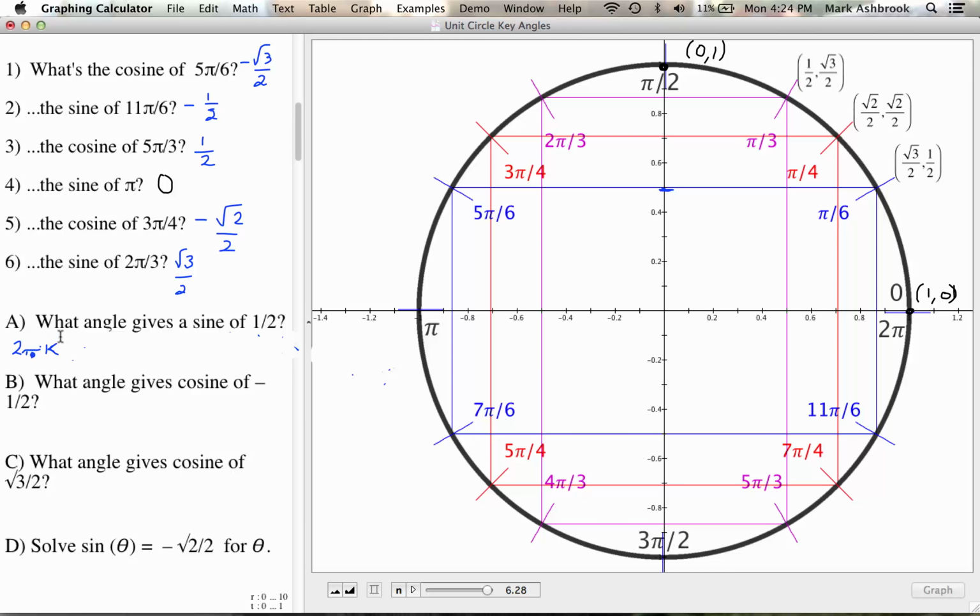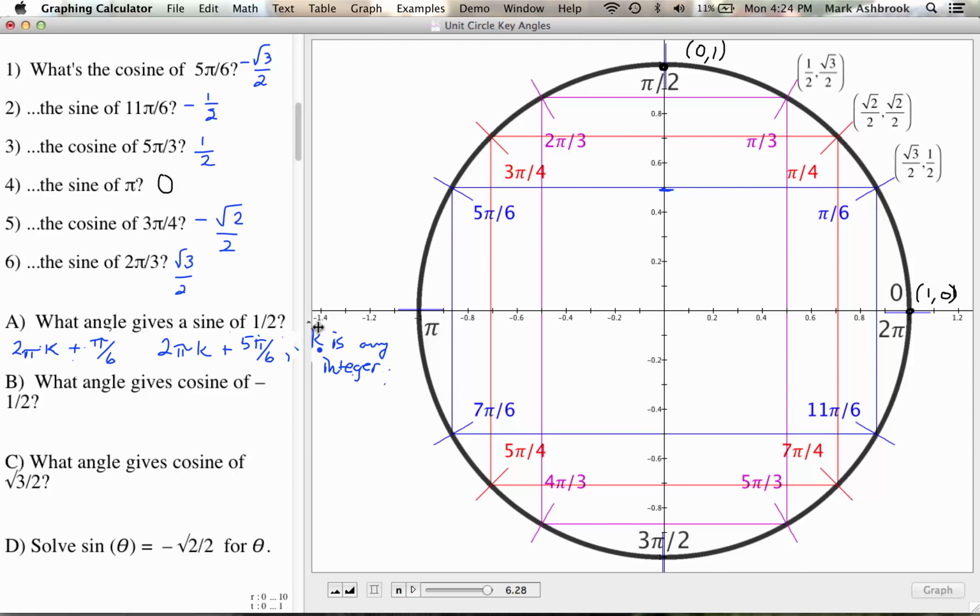So if k is any number of rotations, and that could be any integer, positive or negative, then 2 pi k plus pi over 6, or 2 pi k plus 5 pi over 6. And this is k is any integer.